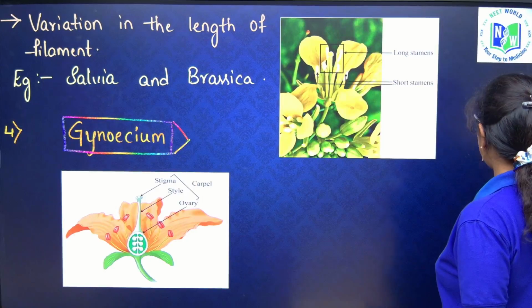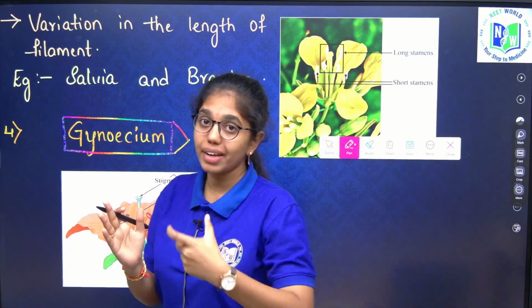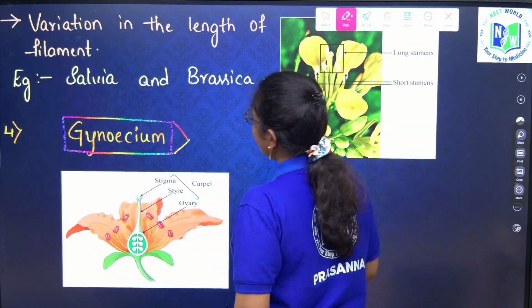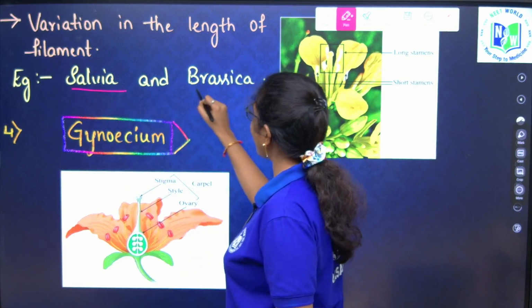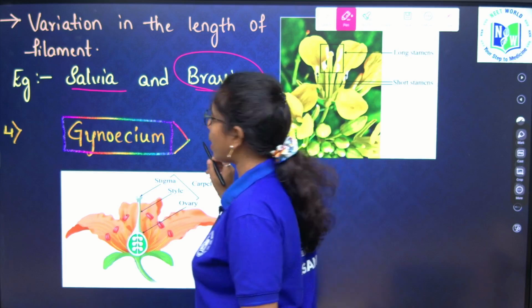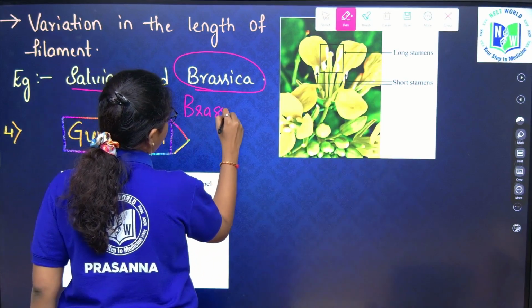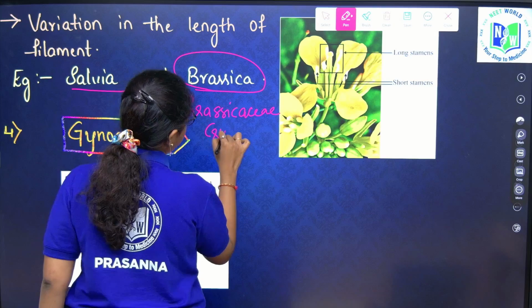Based on the variation in the length of the filament of the stamen, there are also two types. What are they? Salvia and Brassica, which belong to the family Brassicaceae or Cruciferae.